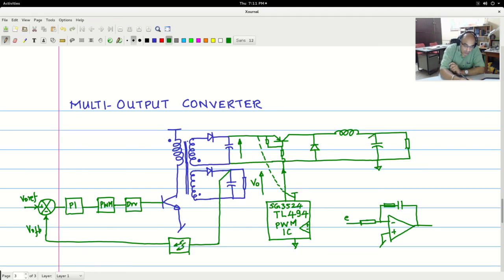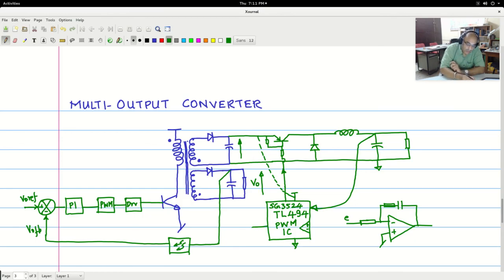So you feed in the voltage to the controller and to the appropriate pins. Make use of the internal op amps to make the difference out of that. The error of that, feed it to the other op amp within to make the PI controller, and that output is fed to an internal PWM.